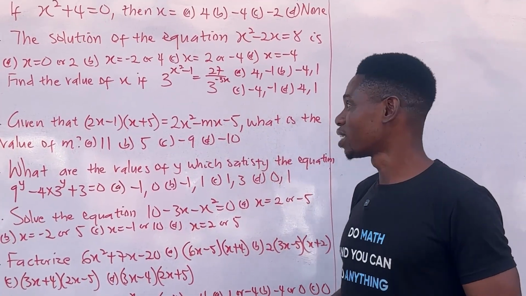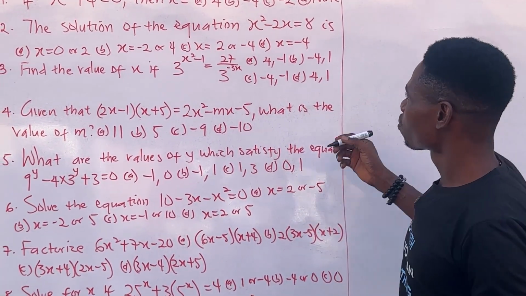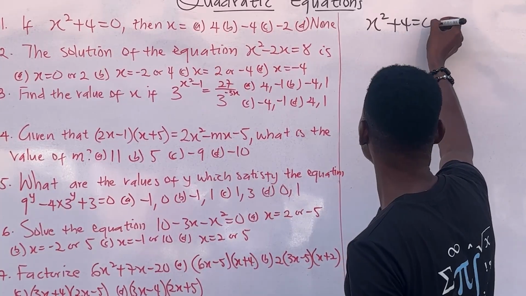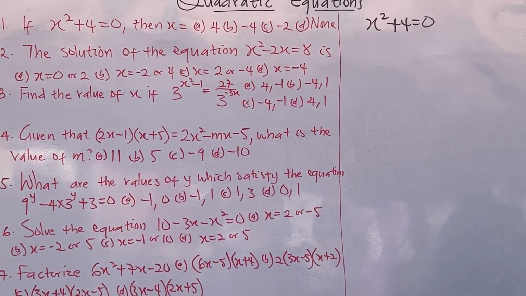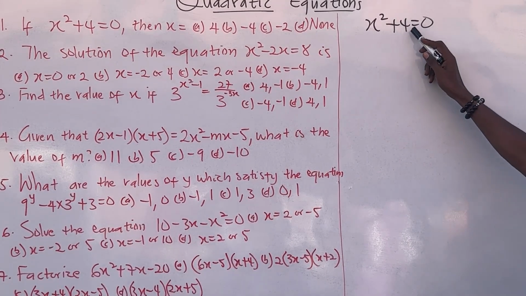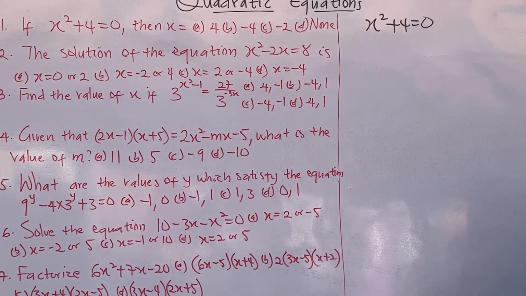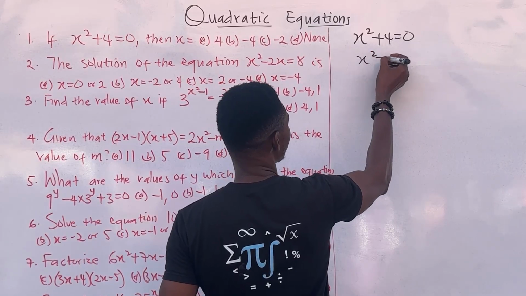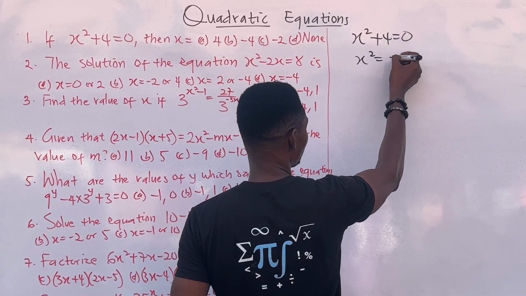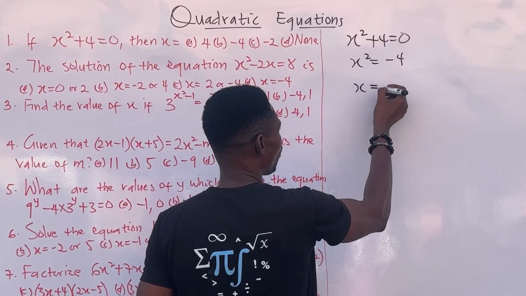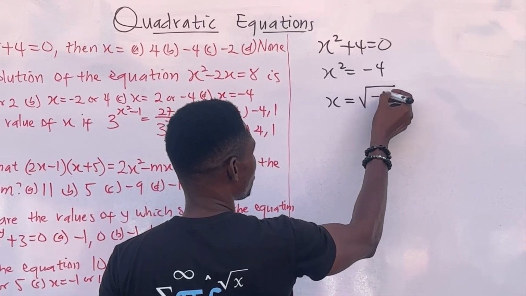Number 1 says, if x squared plus 4 equals 0, find x. So x squared plus 4 equals 0. We can say x squared equals minus 4, since the plus 4 goes to the other side. And then x becomes the square root of minus 4.